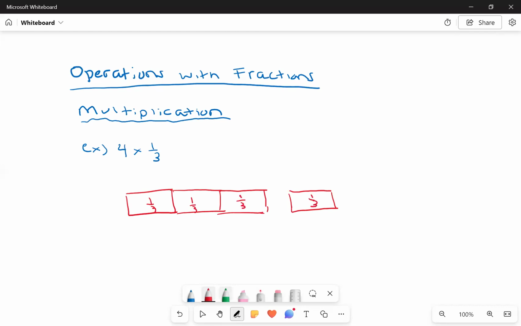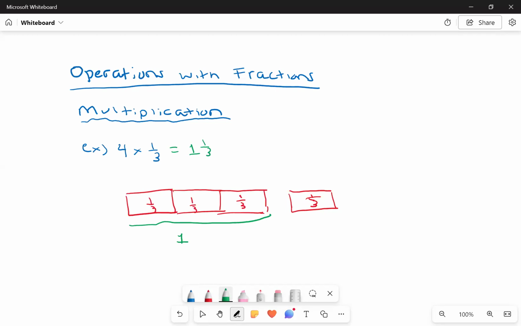These 3 thirds would form one whole plus the other 1/3, which is kind of badly labeled, but it's fine. That gives us a total of 1 and 1/3.